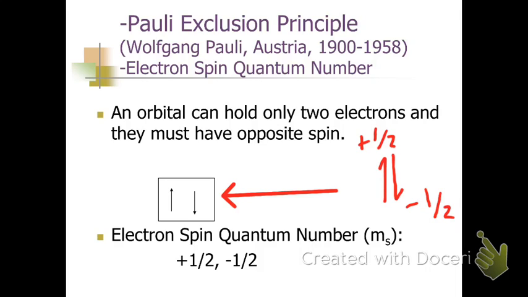An orbital can have 1 electron. That's fine. And believe it or not, orbitals do exist with no electrons. They're just an unfilled or empty orbital.